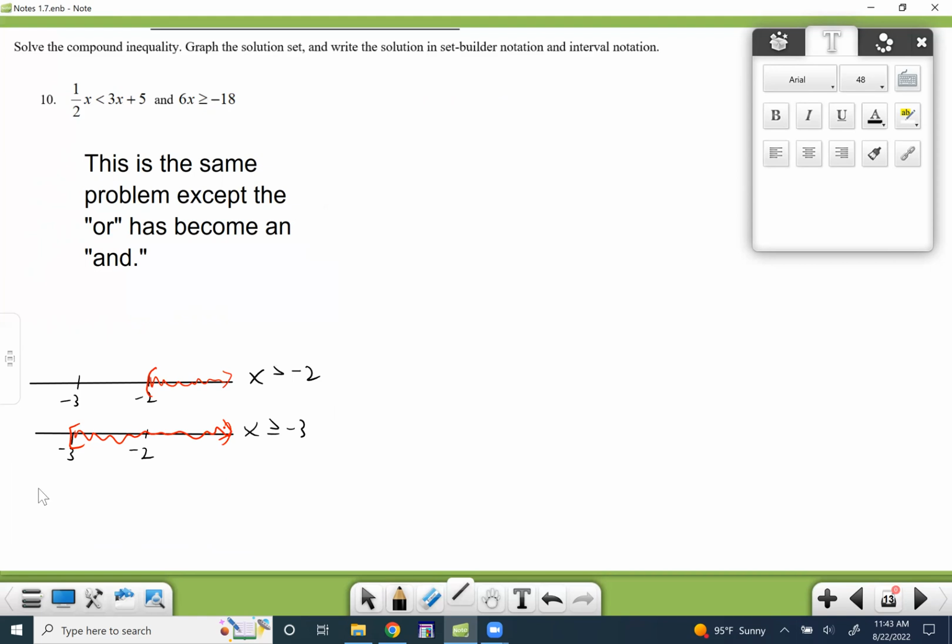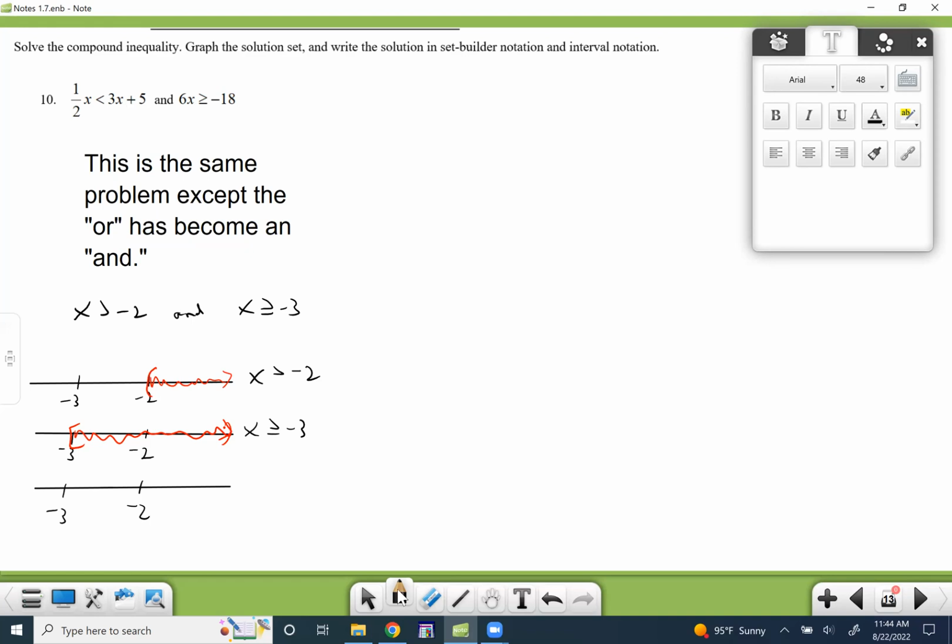And so if we're looking at "and" instead of "or" this time, right? So we got x is greater than -2 and x is greater than -3, right? And "and" means take the overlap, right?